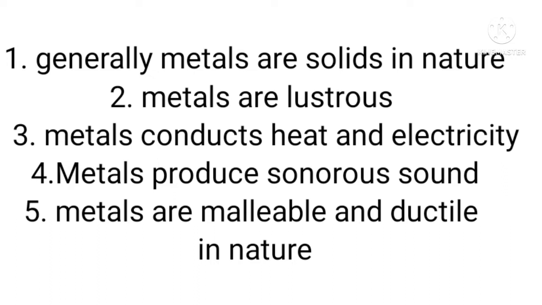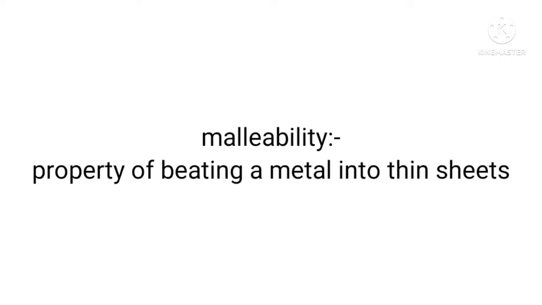For example, we have seen aluminium foils, isn't it? Aluminium foil is used to wrap food items. We have seen other articles also made up of aluminium. How can aluminium be made into thin sheets? Because aluminium has the property of malleability, that is why it can be beaten into thin sheets.